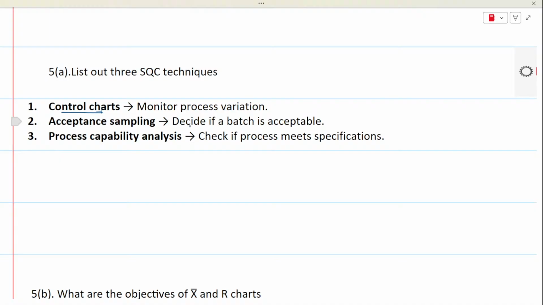Next is acceptance sampling. It is to decide whether the batch of a component that is being manufactured or produced is in the acceptable range or unacceptable. If it is unacceptable, then it has to be reworked once again or it has to be scrapped if it is not meeting the specifications.